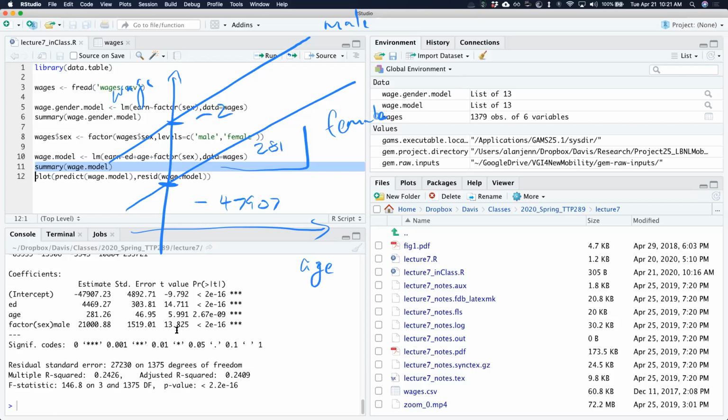Plus 27907. Is that right? So 26907, something like that. So in this case, you now have two lines which are representing the different levels for male and female.